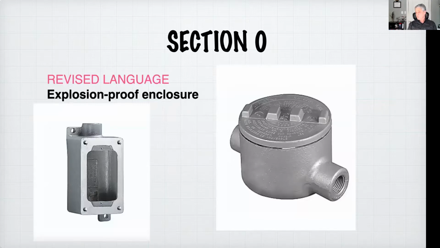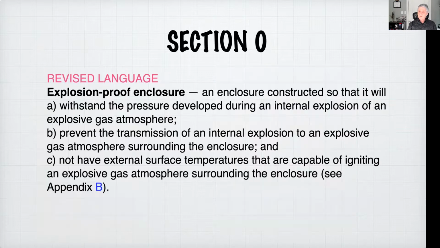Explosion-proof was in definitions before, but it's interesting to read because an explosion-proof enclosure is an enclosure constructed so that it will A, withstand the pressure developed during an internal explosion of an explosive gas atmosphere, or B, prevent the transmission of an internal explosion to an explosive gas atmosphere surrounding the enclosure, C, not have external surface temperatures that are capable of igniting an explosive gas atmosphere surrounding the enclosure.